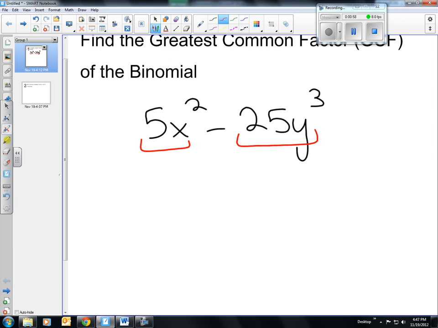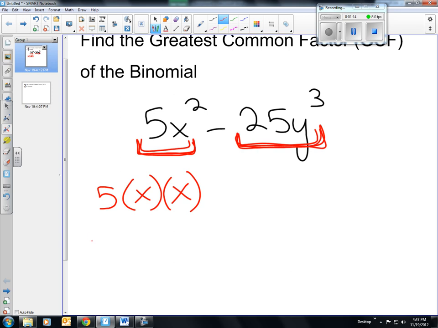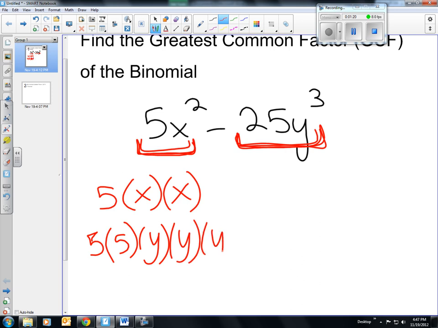If we list the prime factors of 5x squared, we would say 5 times x times x. And the prime factors of 25y cubed are 5 times 5 times y times y times y.